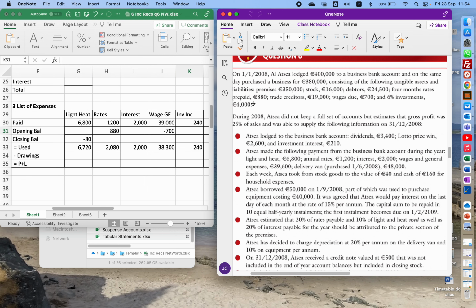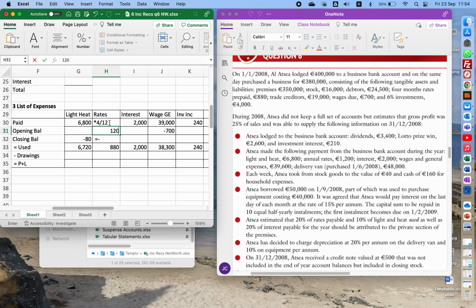4 months rates is prepaid at the beginning of 880. So that means that there must be 4 months of rates prepaid at the end.